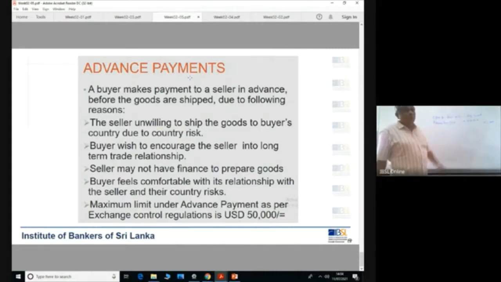Then no limit. You can get down any amount, right? But you have to do the payment, the outward remittance, within 365 days.